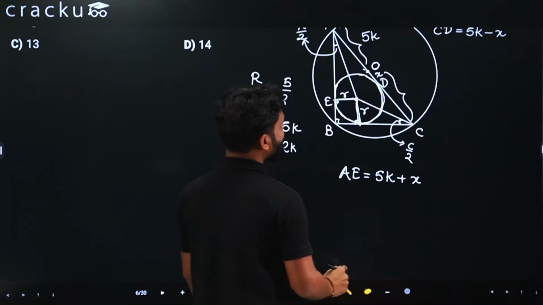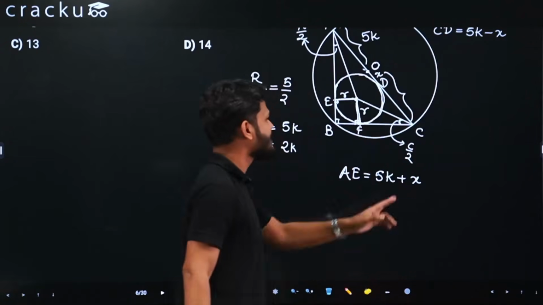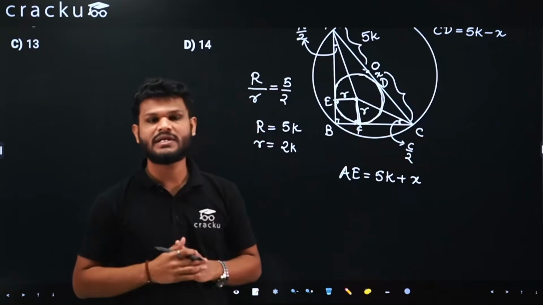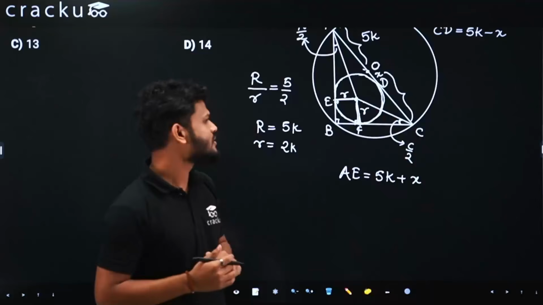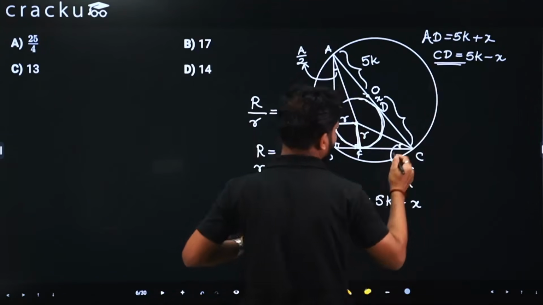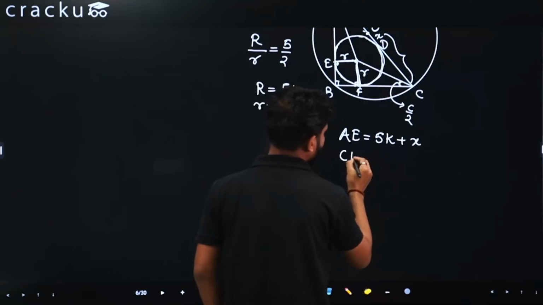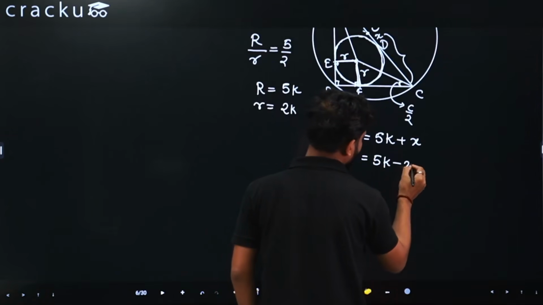Correct? Similarly, CD and CF, where this point is F, are also tangents drawn from the same point C to the inner circle. So CD will be equal to CF. And CD is 5k minus x. So CF is 5k minus x.